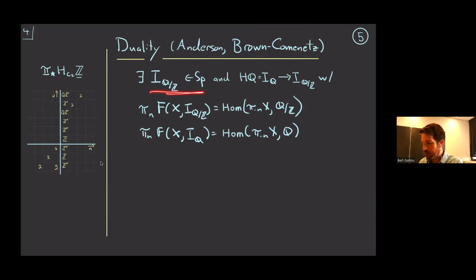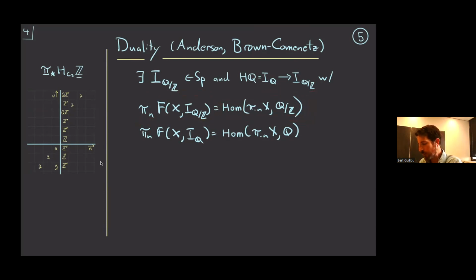So first, you can define a spectrum using Brown representability. It's denoted I sub Q/Z. Basically, the point is that because Q/Z is an injective module, this defines a cohomology theory. And then this is defined as the representing spectrum, and so we get a formula like this.